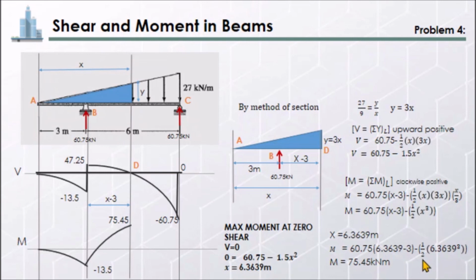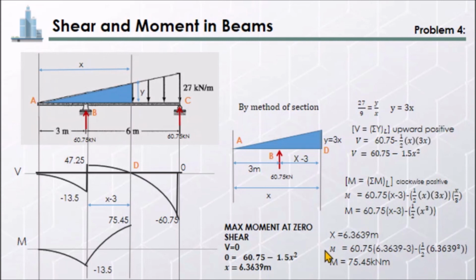Substituting the value of x, we have 60.75 multiplied by (6.3639 minus 3) minus 1/2 multiplied by 6.3639 cubed. So, we have our moment at point D, 75.45.